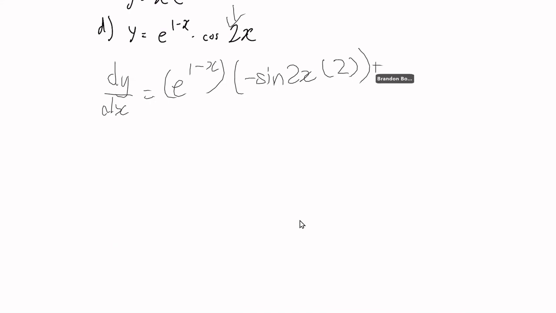Put a pair of brackets around sine 2x, minus open bracket sine 2x close bracket. Plus e power 1 minus x times minus 1.